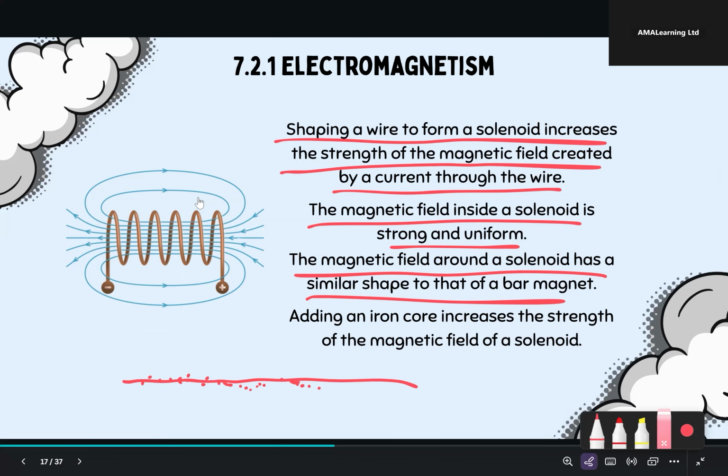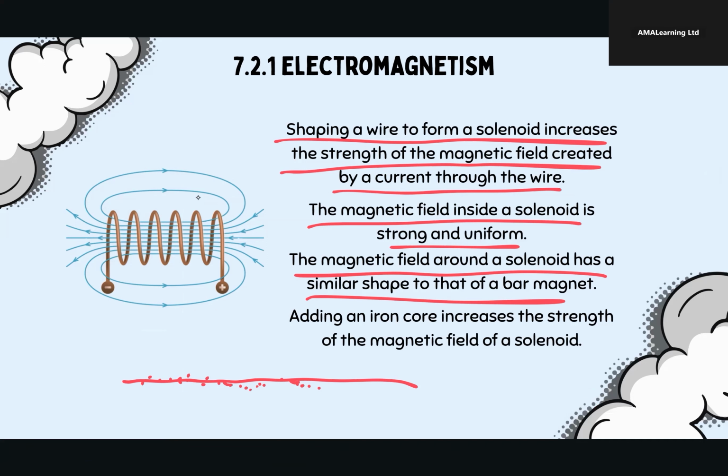So it's not being lost. Every time you add a loop to the solenoid, what happens? It makes the magnetic field stronger. Also, if you look inside it, the magnetic field is uniform. So inside the solenoid, the magnetic field lines are straight, they're parallel, they're close together. So that means inside there, that's a really strong magnet.